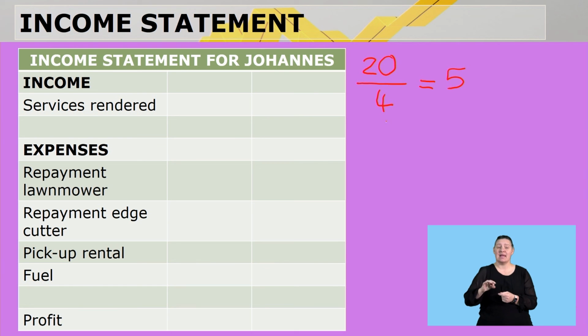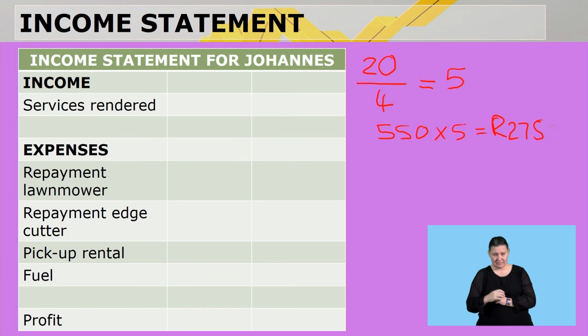So his income will be 550 times 5, and that is 2,750 Rand. So by services rendered, we will write 2,750 Rand. Because it's his only income, it will also be written there, 2,750 Rand.